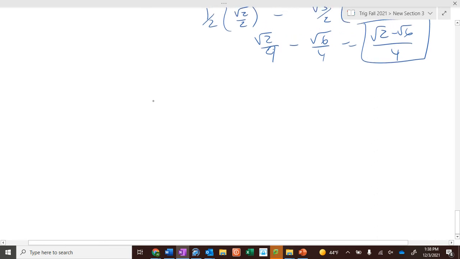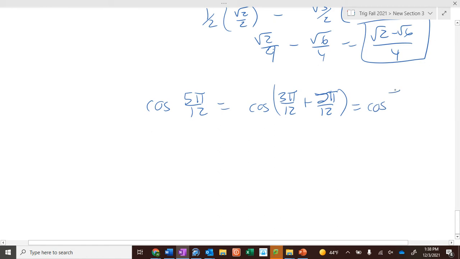All right. Cosine of 5 pi over 12 equals the cosine of 3 pi over 12 plus 2 pi over 12, which is the cosine of pi over 4 plus pi over 6. Okay.